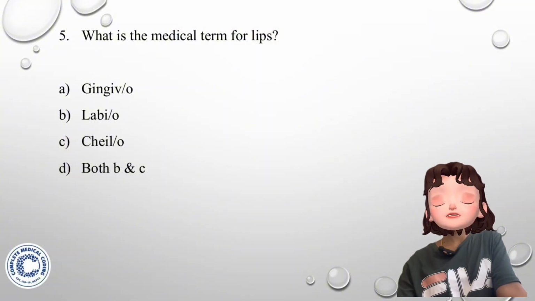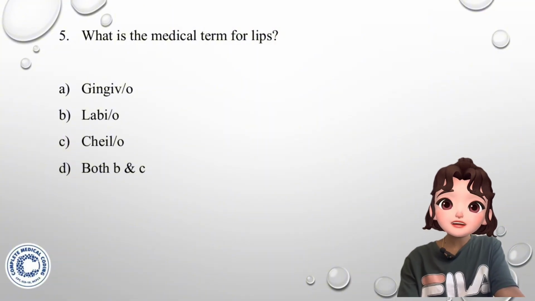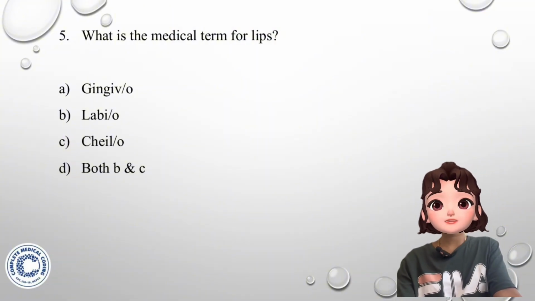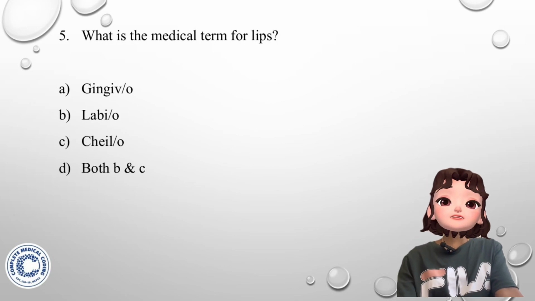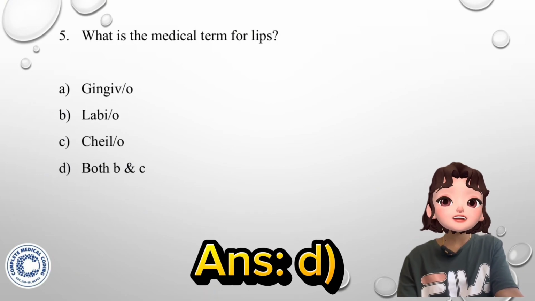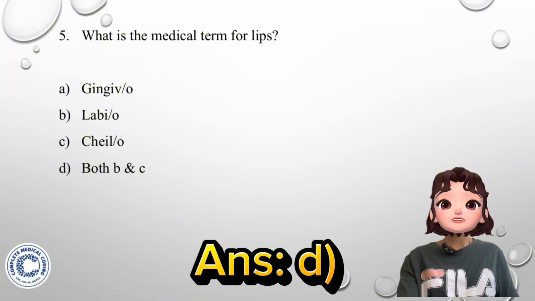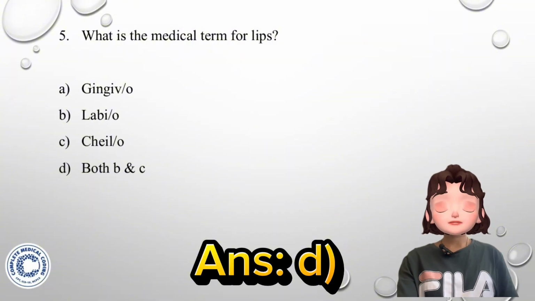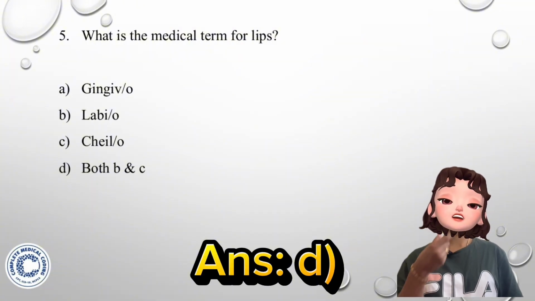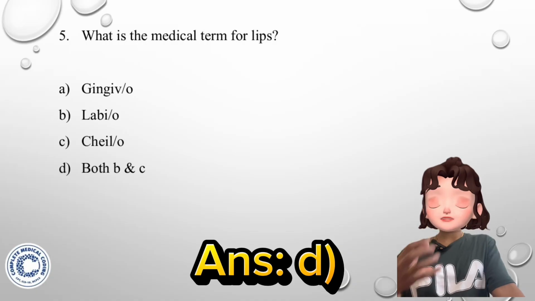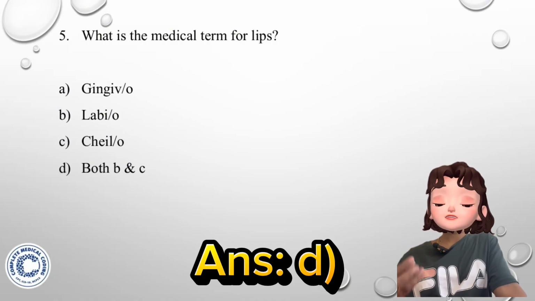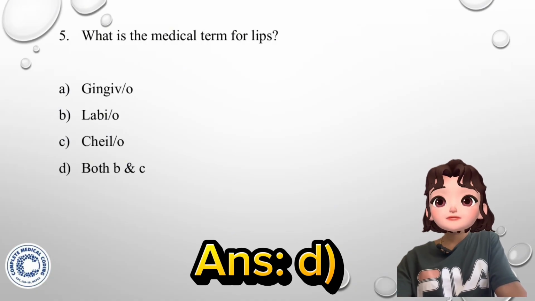Yes, that is also for lip. So here the answer is option D. Both B and C, labio and kilo, represent lips. Whereas gingivo represents the gums, the teeth or mouth area.